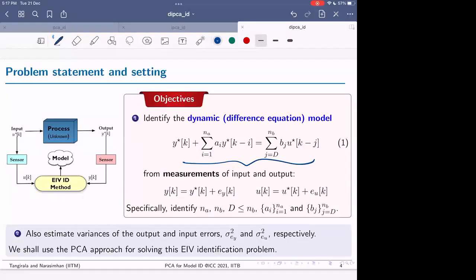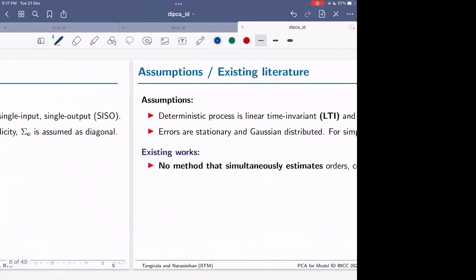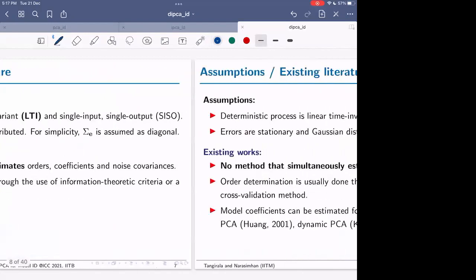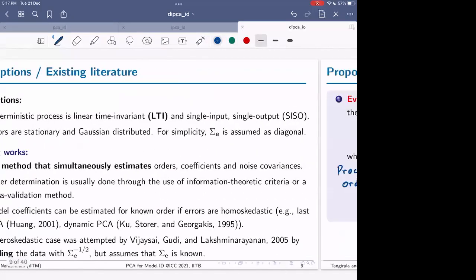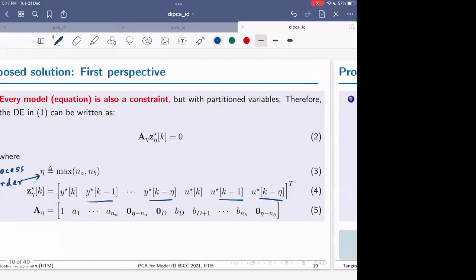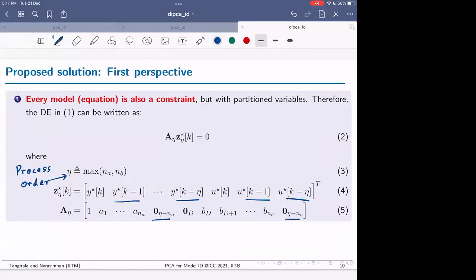Obviously, since eta is the max of Na and Nb, in the new model formulation some of the coefficients will be 0. The number of zeros will depend on whether Na or Nb is the one that is governing eta.